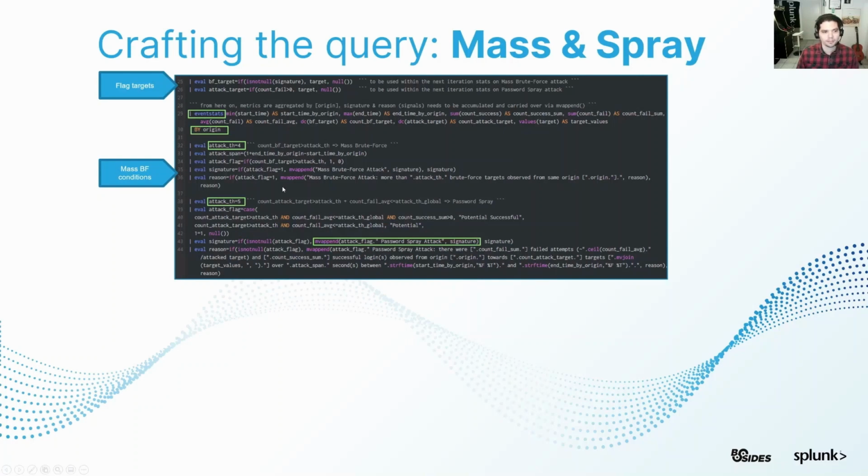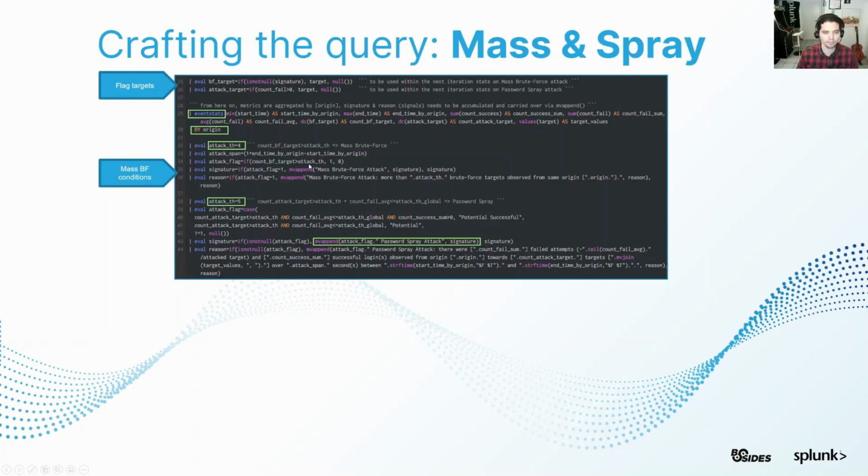And those are basically the conditions, right? Or the trigger. What is the behavior I'm looking for in order to determine that there was a mass brute force attack? Here, when I have this attack flag, this is where the main condition is described. I need the count of brute force targets to be greater than the attack threshold.